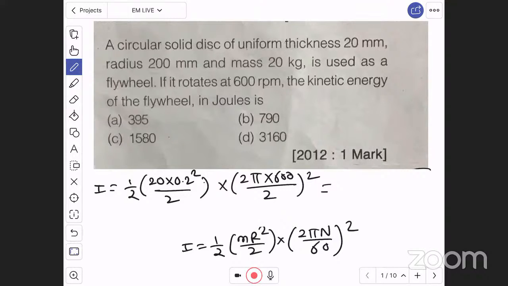Sorry, my dear students, it is the kinetic energy formula, not I. I is mr square by 2. Make a correction: kinetic energy for rotational motion.